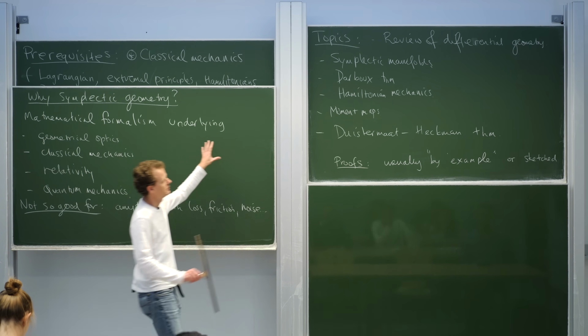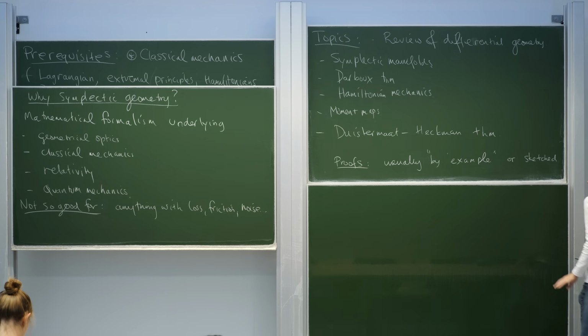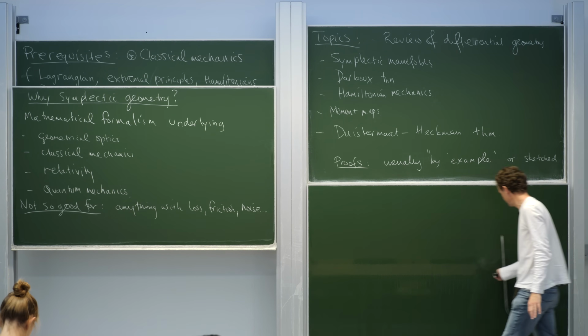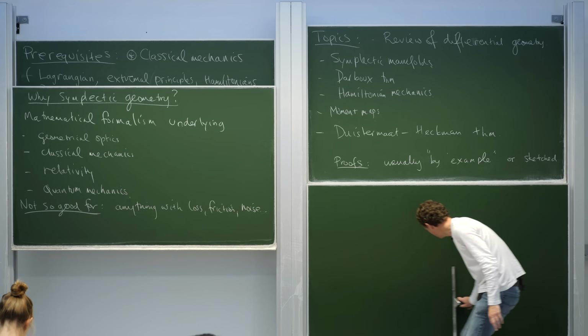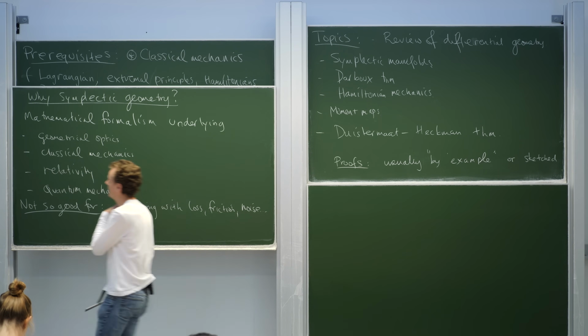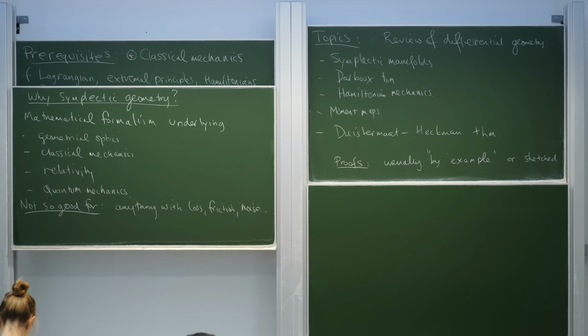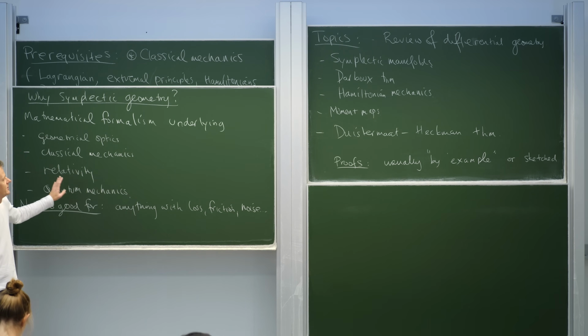But if you're interested in closed systems, then if you take the little bit of extra effort to phrase everything in the language of symplectic geometry, then you might find that if you came up with a result, you could actually generalize it to many, many other places and learn many more things.